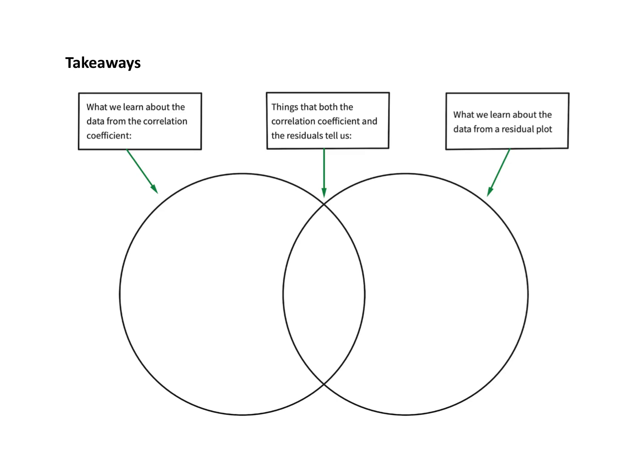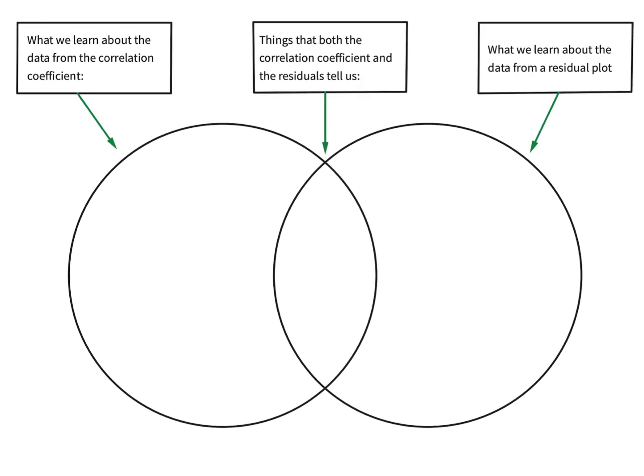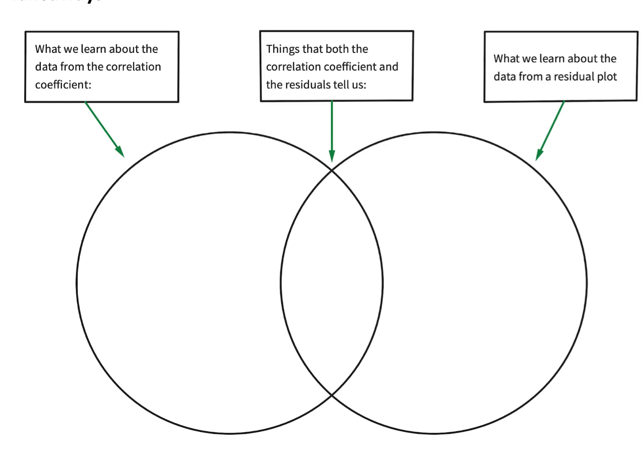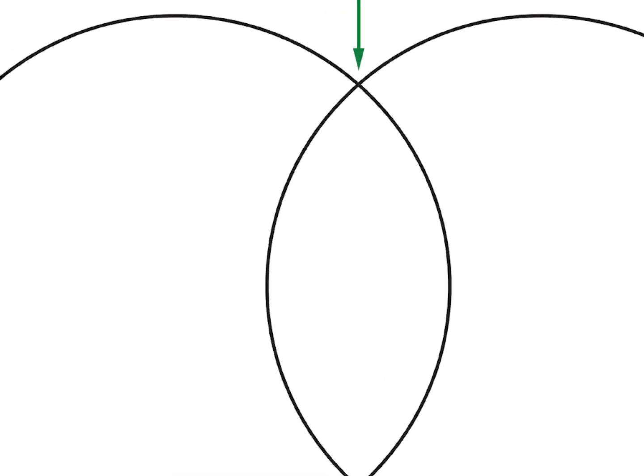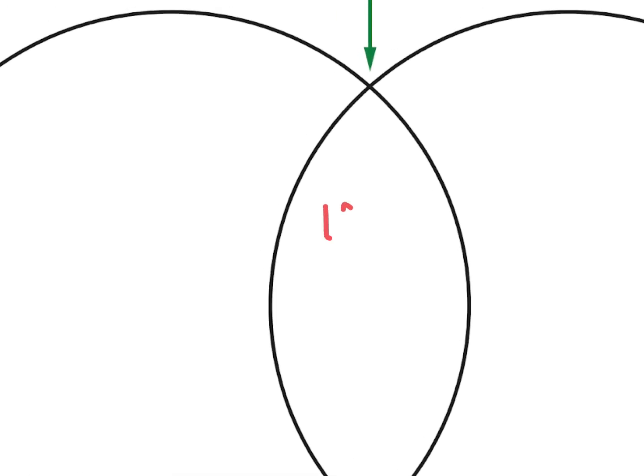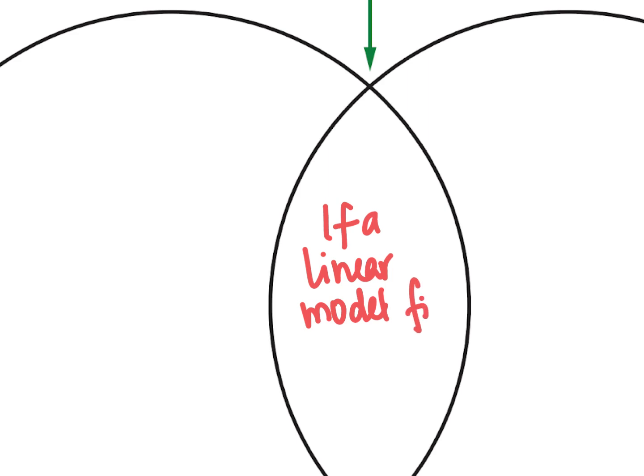So where it says things that both the correlation coefficient and residuals tell us, the main thing that both of them tell us is if, let me zoom in a tiny bit more, if a linear model fits the data. Okay, so that is what both of those attributes tell us. The correlation coefficient and residuals tell us if a linear model fits the data.